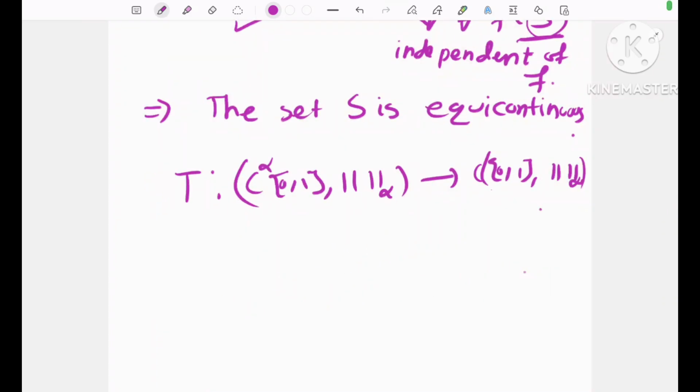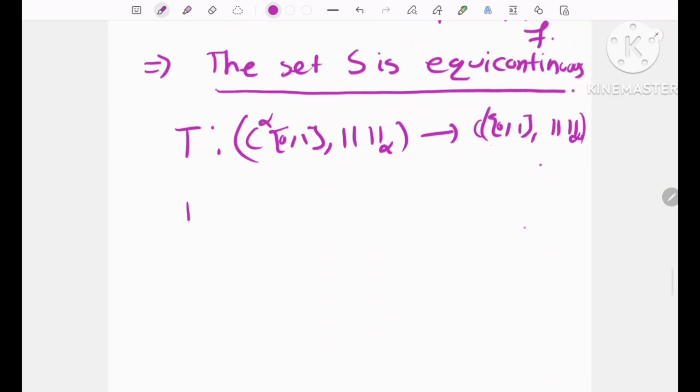Till now we proved that S is equicontinuous. But our main goal is to show that TS closure, which is equal to S closure, is compact. Why? Because T is an identity map, therefore TS is nothing but S, and TS closure is S closure.